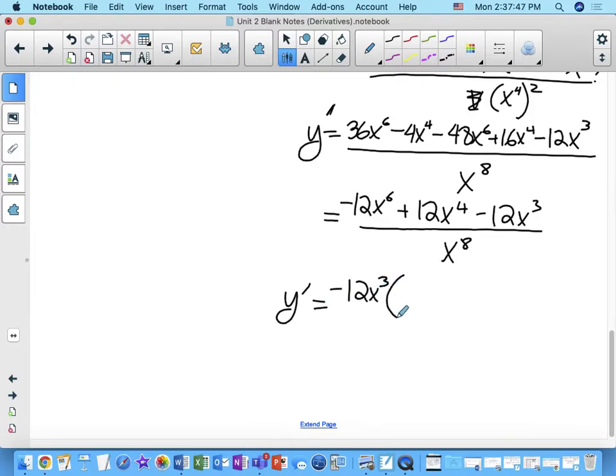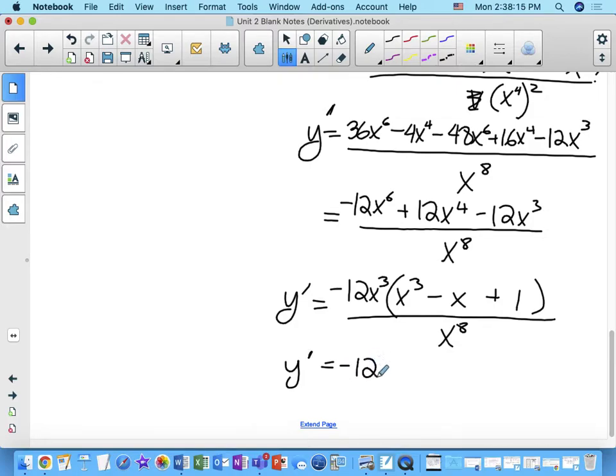And we have x cubed minus x plus 1 over x to the 8. And then some of these x's cancel, 3 of them.